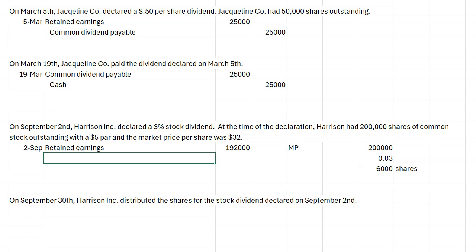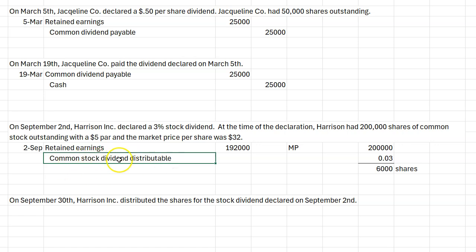The next part of this is this common stock dividend distributable. Right? And it's kind of similar to this common dividend payable, except, and this is important, common dividend payable is a liability. Common stock dividend distributable isn't a liability because what we're giving out here is ownership.